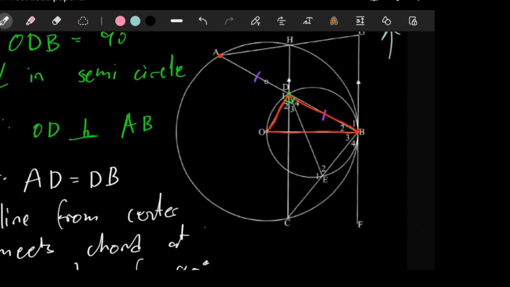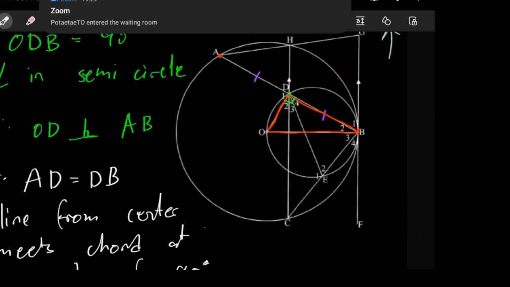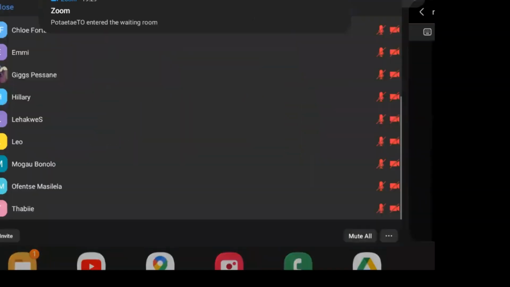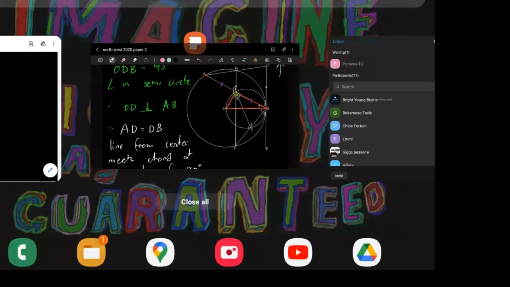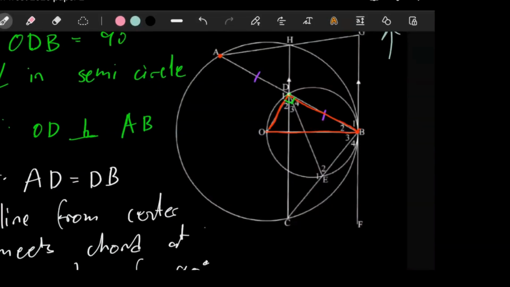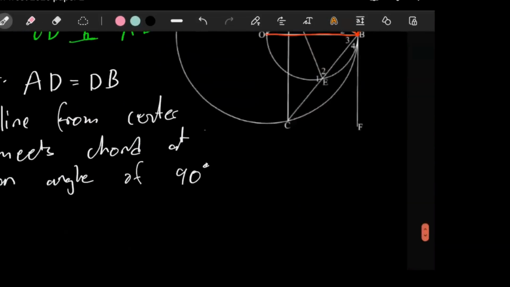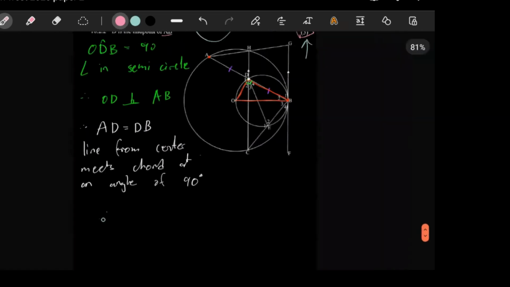As long as that's happening, it means that these are equal to each other. And as long as those two lines are equal to each other, it is enough for us to say D is in the middle of the line AB. So as a conclusion here, we can say, therefore, D is the midpoint of AB. Whew, 3 marks.